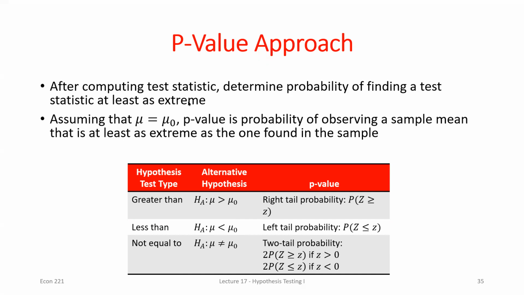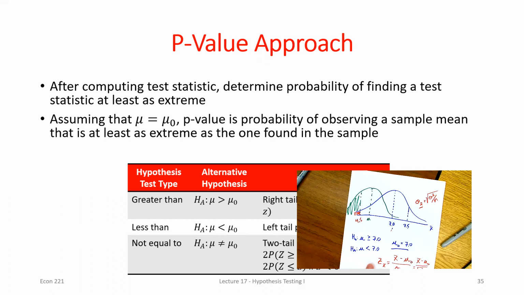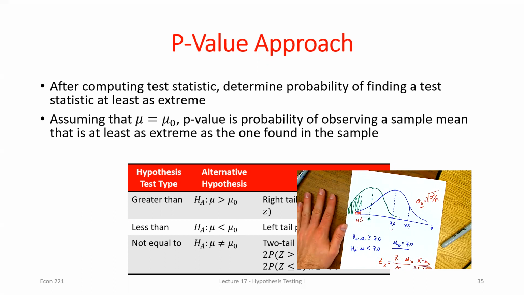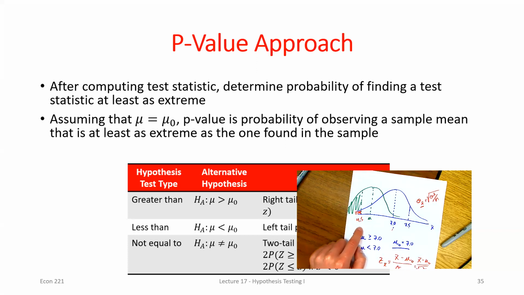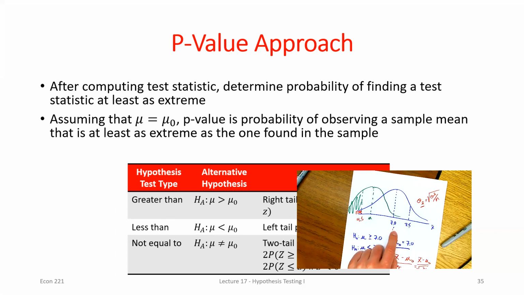But you can imagine, if I'm looking at this left-tailed test or less than test, once I turn this into a z-score, I want the probability of seeing that value or anything below it, to the left. So my p-value is essentially going to be the probability of seeing this sample mean or anything below it if this in fact was the true population mean.